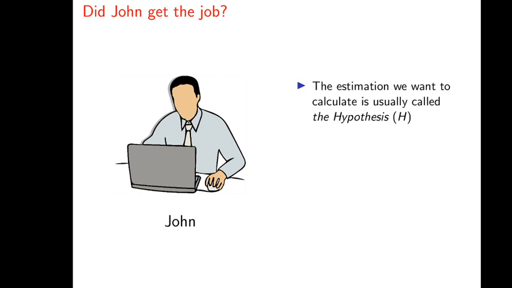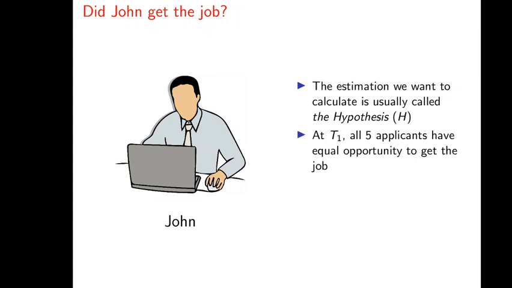The estimation we want to calculate here is usually called the hypothesis. So we can define our hypothesis H as the chances or the estimation that John got the job. At the first timestamp, all 5 applicants have equal opportunity to get the job.